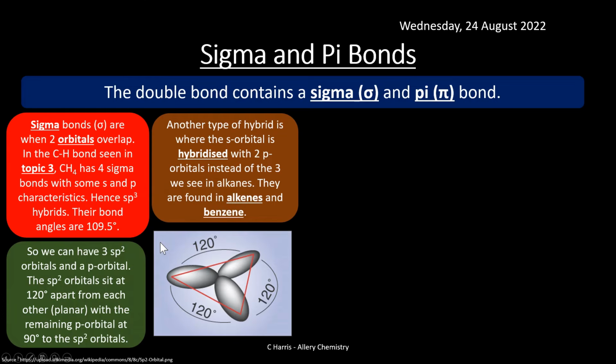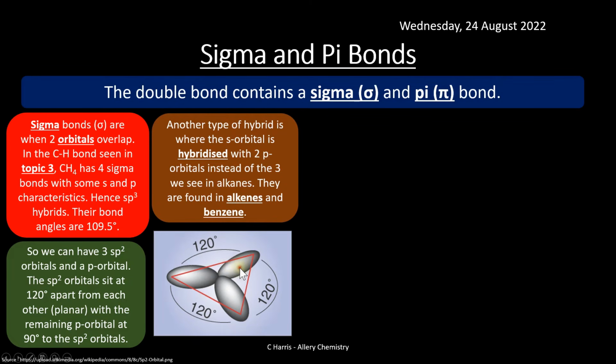So we can have 3 of these new hybrid orbitals, the sp2 orbitals, and we have a p orbital that sits top and bottom. The sp2 orbitals sit at 120 degrees to each other, and they form this planar structure, with the remaining p orbital at 90 degrees, like I say on there.